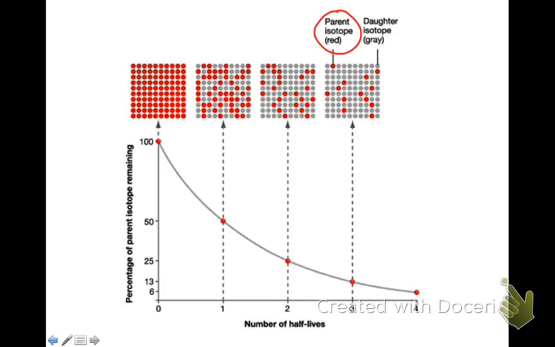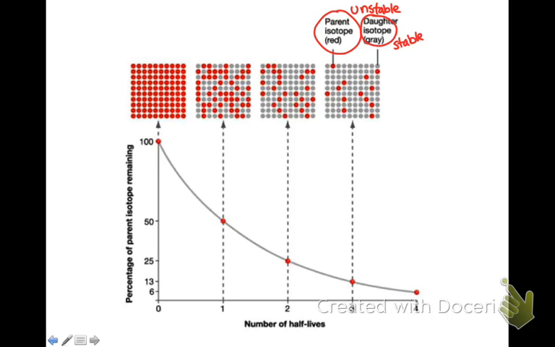I'm going to write that in here. And over time, those are going to decay and produce a daughter isotope, which is shown in gray, which is more stable. And the rate at which it does that is known as a half-life.